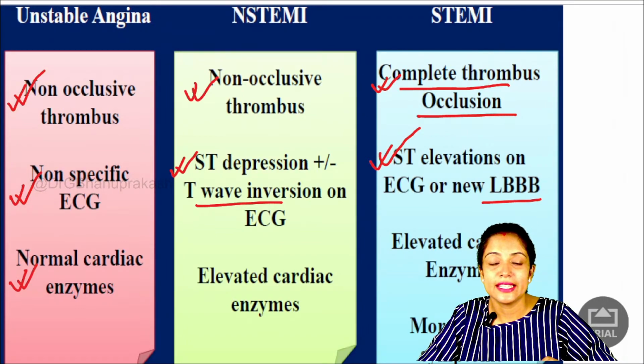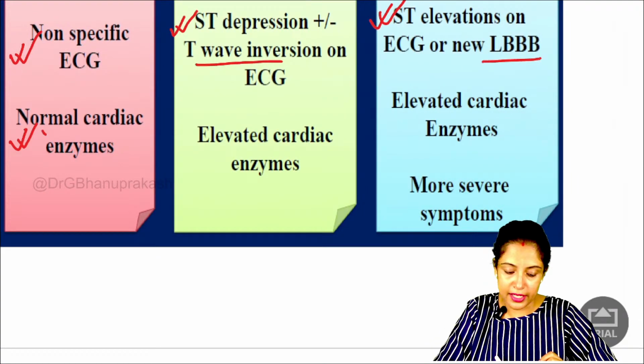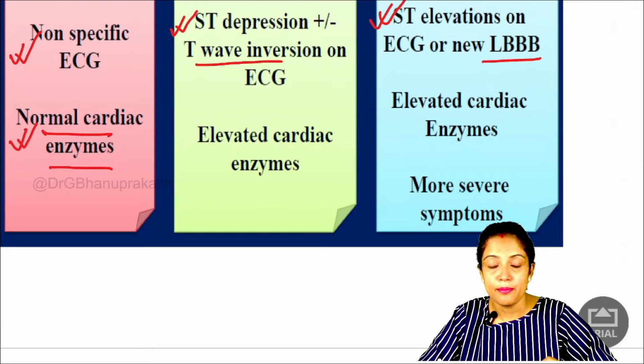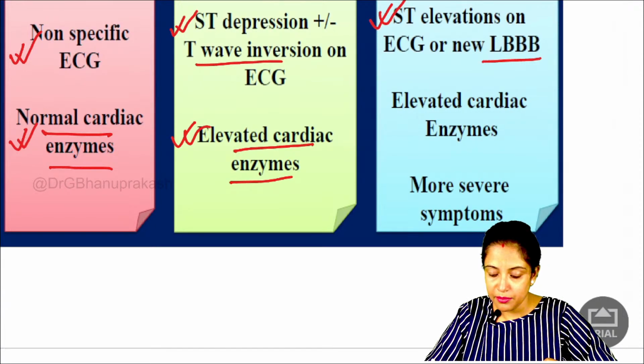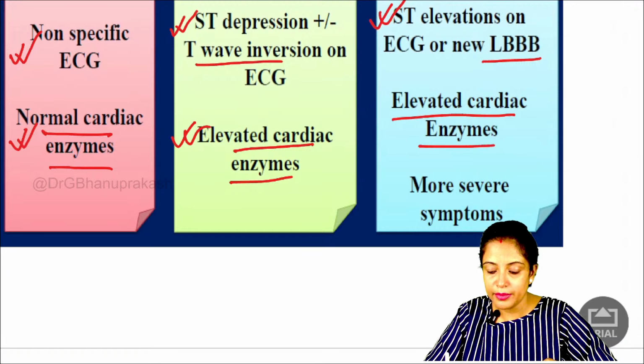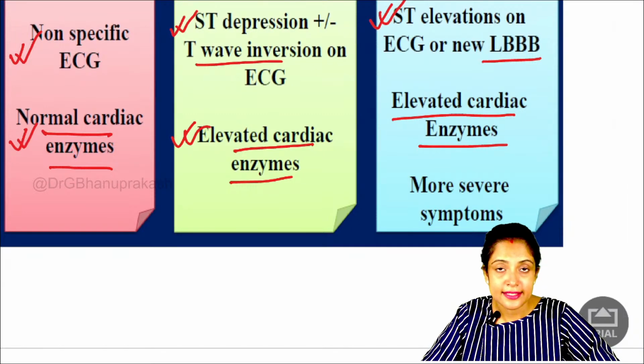If we talk about cardiac enzymes, very importantly, the cardiac enzymes will be normal in case of unstable angina. But in case of NSTEMI, there will be elevation of the cardiac enzymes, as well as in STEMI. Why are cardiac enzymes getting elevated? Cardiac enzymes or cardiac biomarkers represent myocardial necrosis.